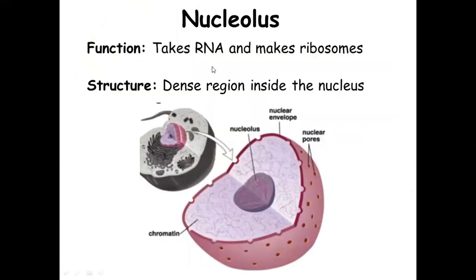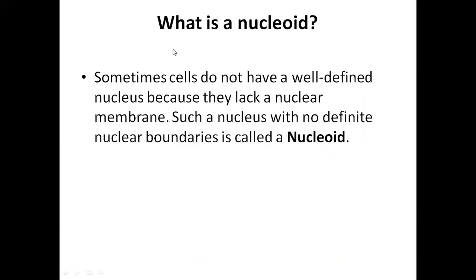Now, nucleolus function: it takes RNA, it means that with the help of RNA, it makes ribosomes. Structure: it is a dense region inside the nucleus. What is a nucleoid? Sometimes cells do not have a well-defined nucleus.